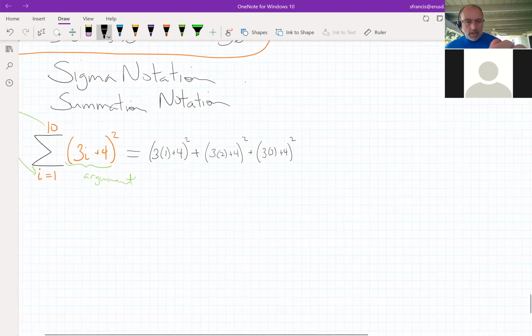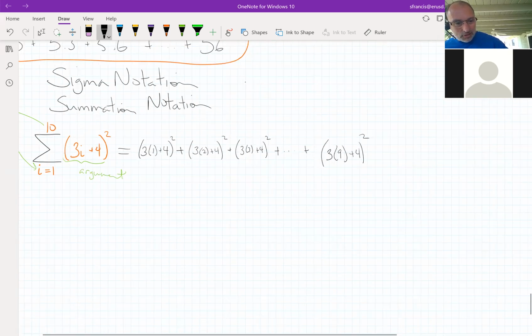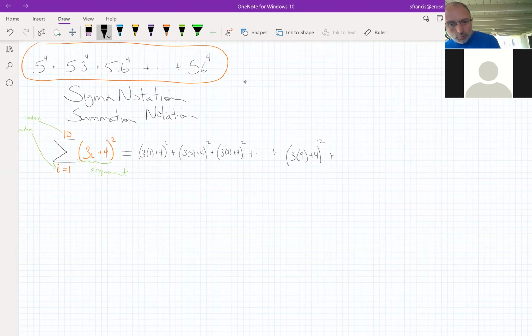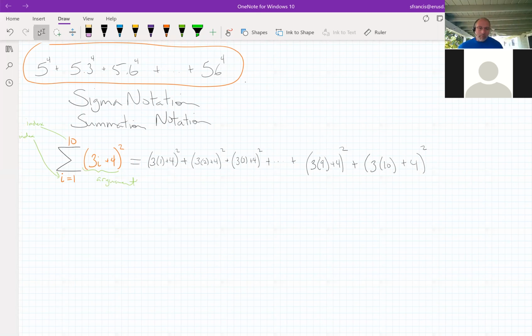Where do we stop? We stop when we get to 10. And I'm already getting too lazy to write it out. So I would get up to 9. That's the second to last term. And then I would go 1 more. I'm just showing you the second to last term. It looks like this. That's what this means.